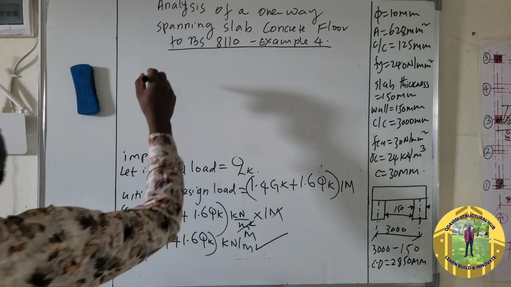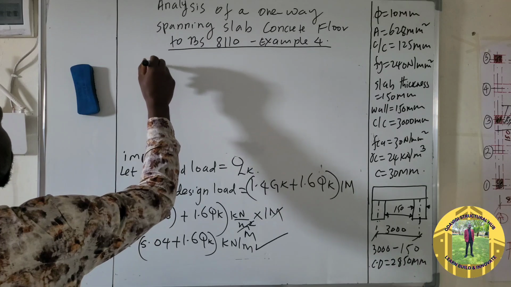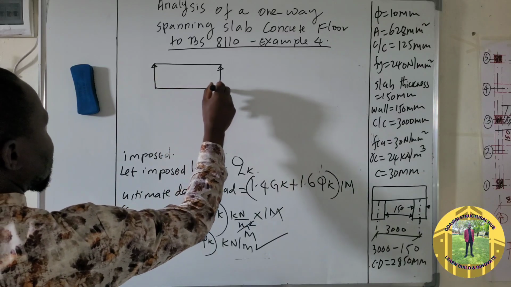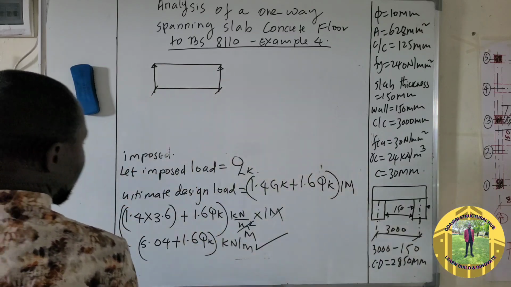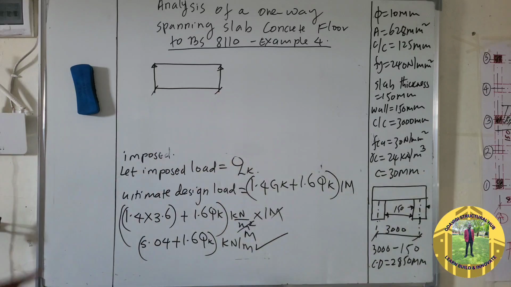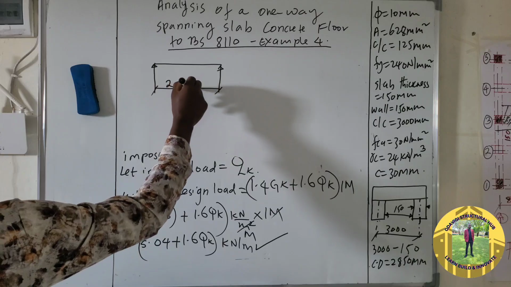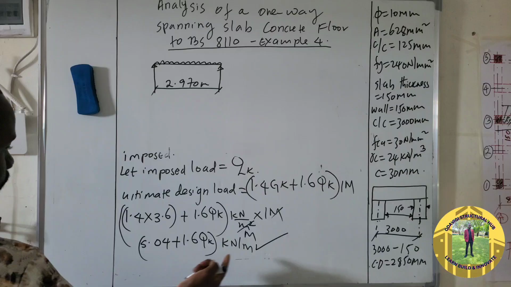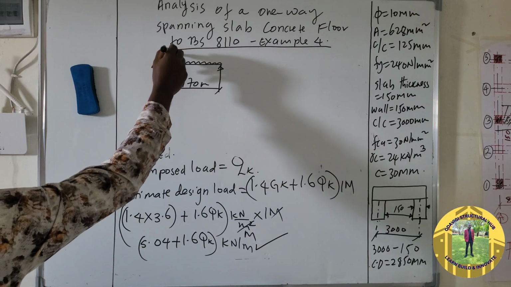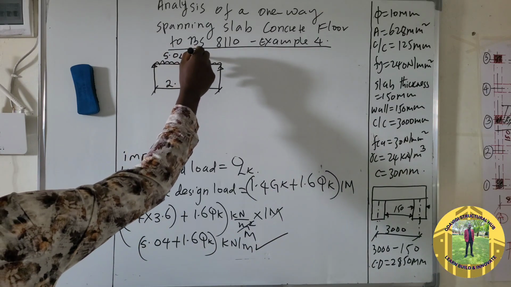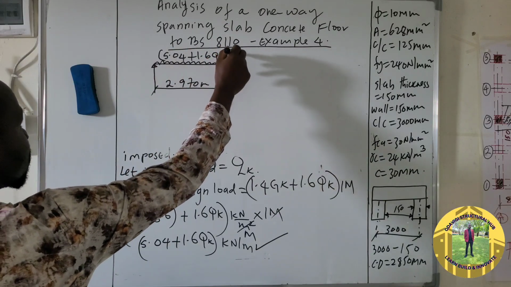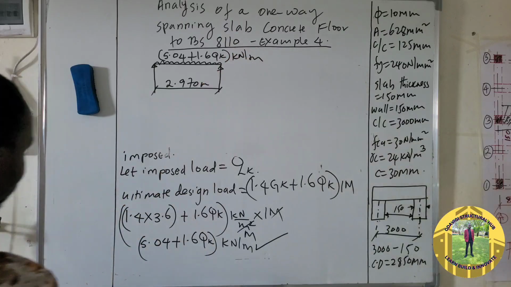So if this is our slab, a simply supported slab, and the effective span, as you have seen, is 2970, which is 2.970 meters, and the loading is 5.04 plus 1.6 QK, in kilonewton per meter.